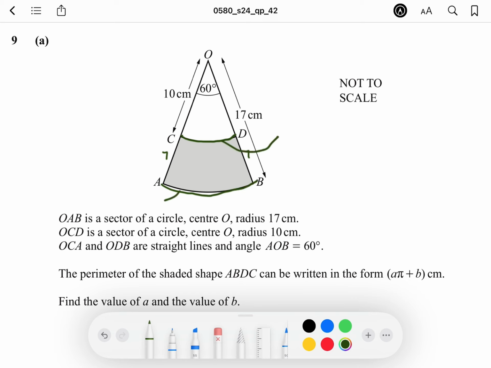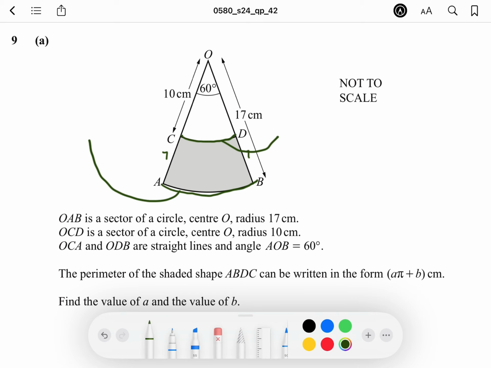Okay. Let's do that. What's the formula for perimeter? Length of arc. Length of arc is part of the circumference of a circle. So in order for you to find the length of arc, you just need to find the fraction of that. The fraction of that arc is, what value is there that you can use as the fraction?